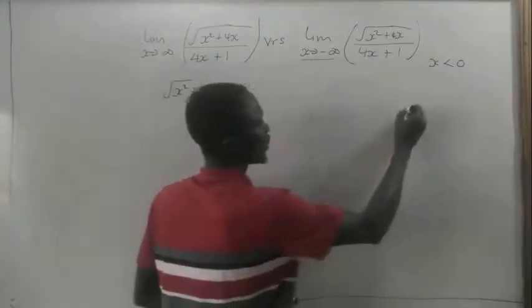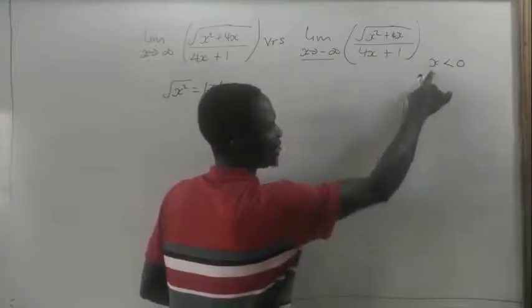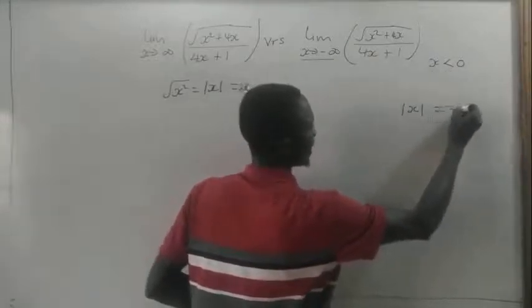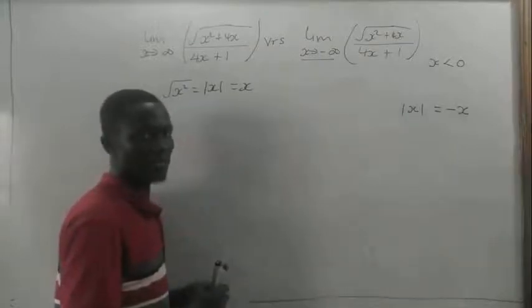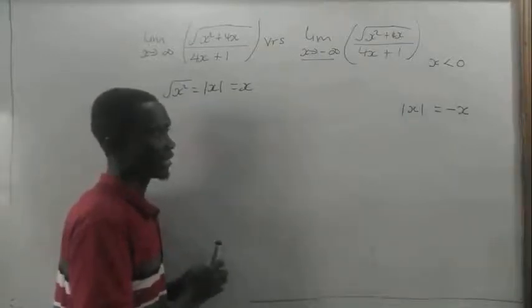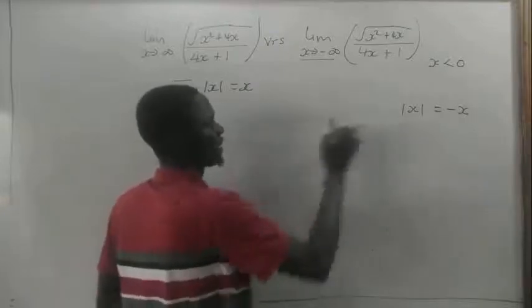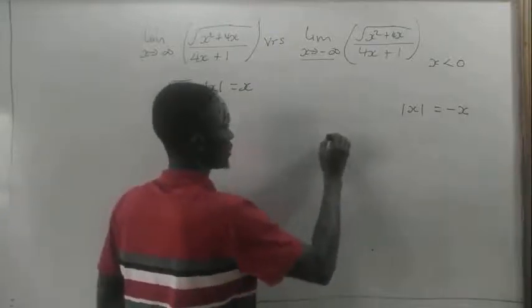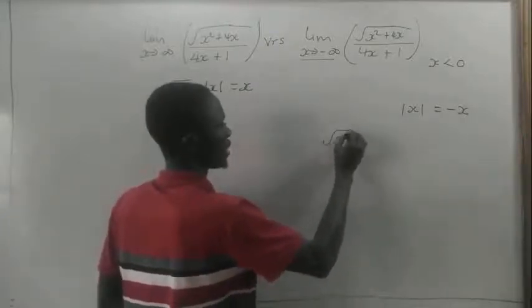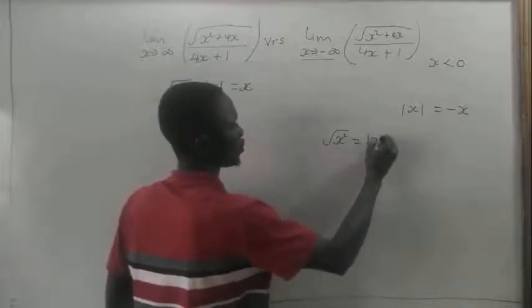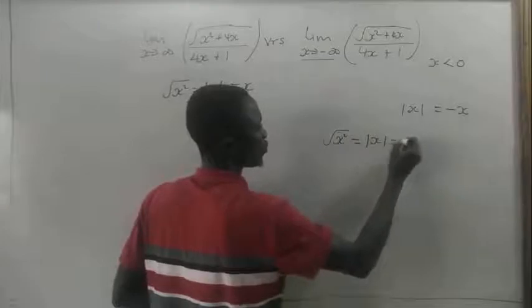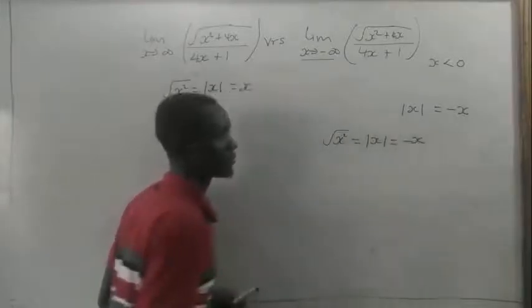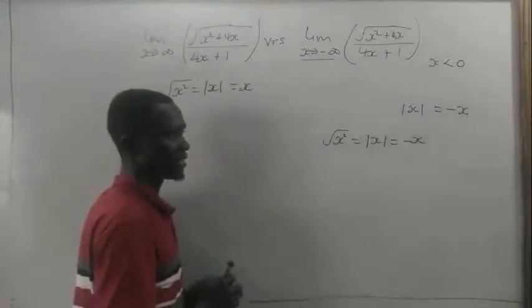So the absolute value of x, if x is less than 0, is equal to negative x. Now, we are saying that the square root of x squared is equal to the absolute value of x. So if you consider values of x less than 0, this will be equal to negative x. Very, very simple as that.